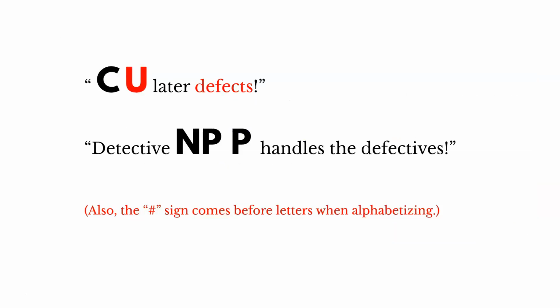And as a reminder of the difference between C and U and NP and P, here's something to help you remember. We say "CU later, defects." So C and U look at defects, and then there's "detective NP P," which handles the defectives, the number of defective units. So we have defects and then defectives. We can also think about distinguishing between the C and the U: the number sign comes before letters when alphabetizing.